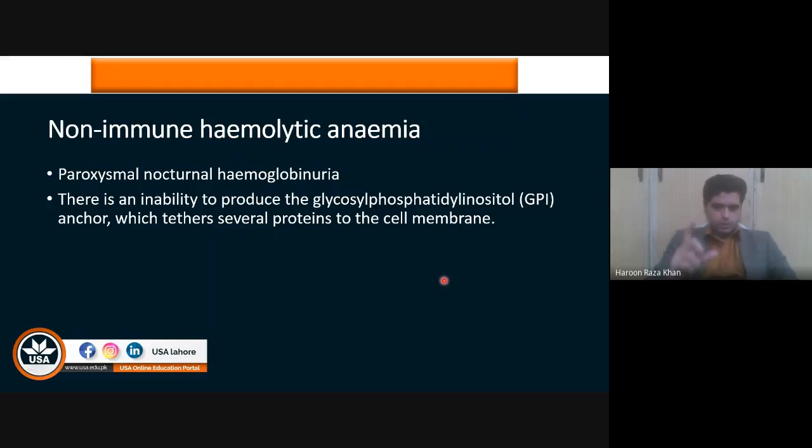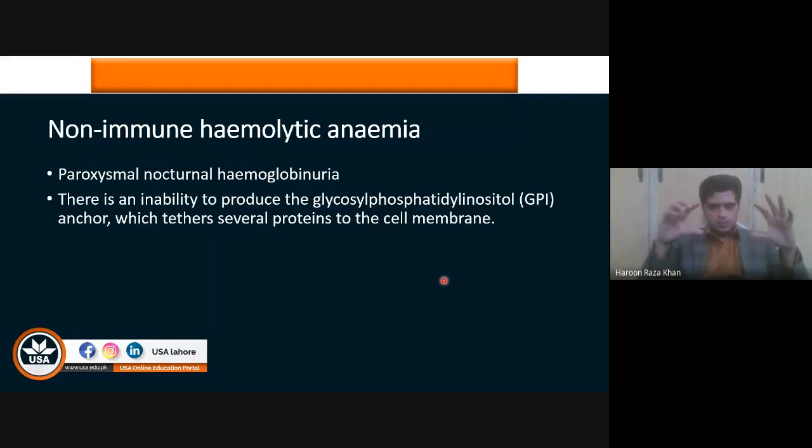The most important point you have to understand, class, is that in this type of non-immune hemolytic anemia, there is an inability to produce a substance called glycosylphosphatidylinositol, or GPI for short. Now, this is actually an anchor.